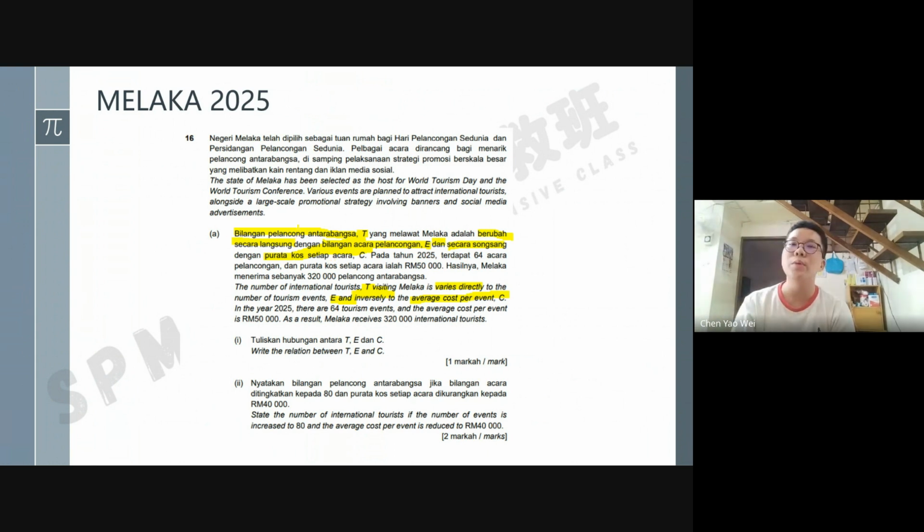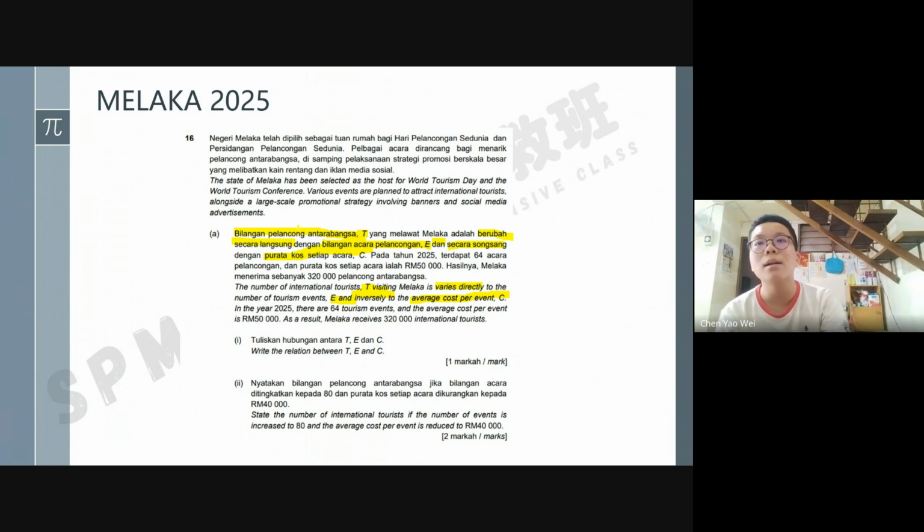Pada tahun 2025, terdapat 64 acara pelancongan dan purata kos setiap acara ialah 50,000. Hasilnya Melaka menerima sebanyak 320,000 pelancong antarabangsa.